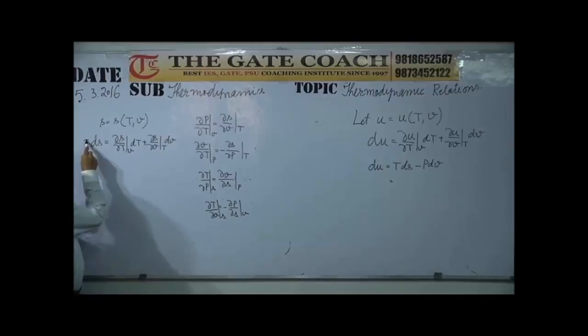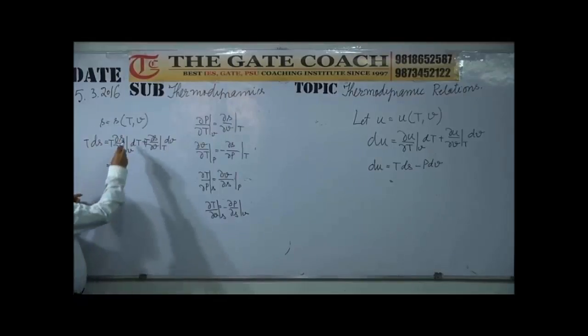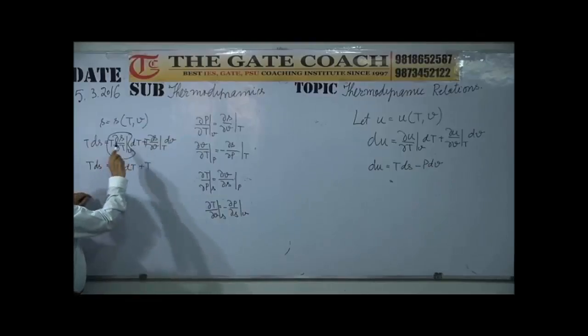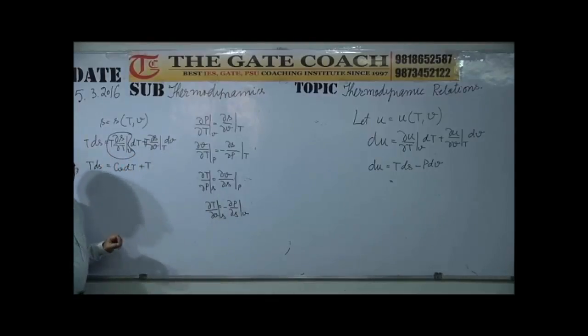Next, multiplied by T on both sides. TdS at constant volume is Cv dT, this dT is there, that means this part becomes Cv, plus T. Since we are writing TdS equation, on this side there should be no term with entropy.